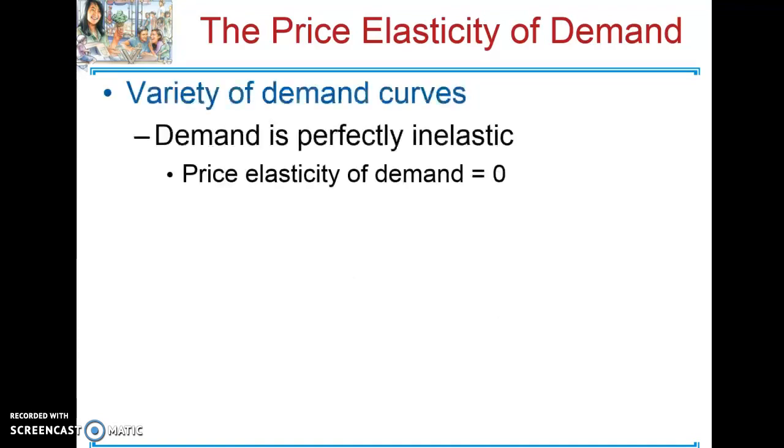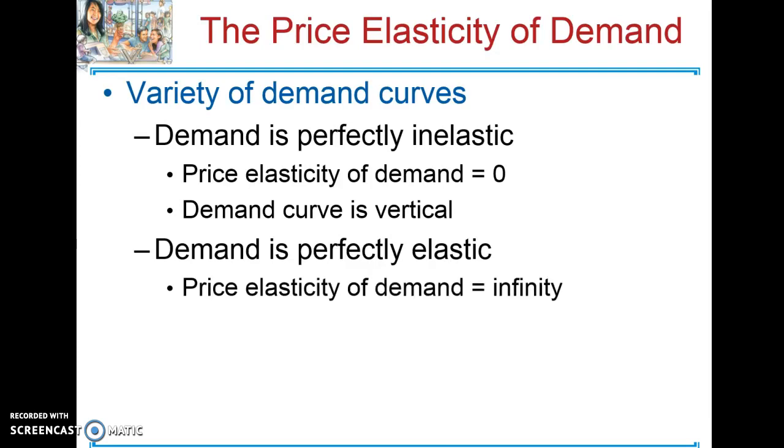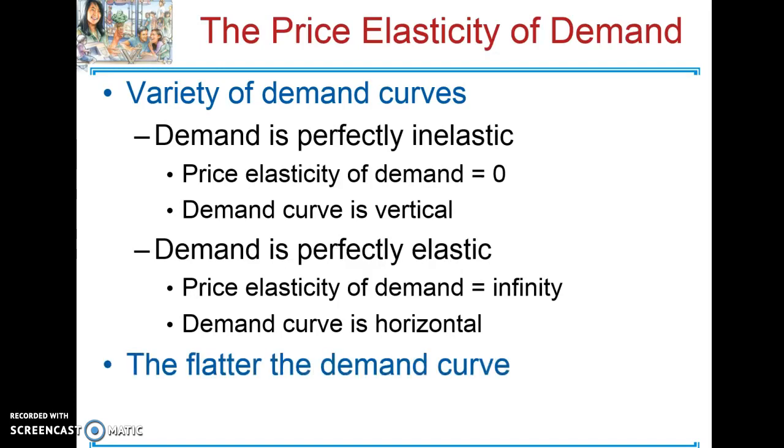So, is demand perfectly inelastic? If it is, it would equal 0 and the demand curve would be vertical. If the demand is perfectly elastic, the price elasticity of demand would be infinite and the demand curve is horizontal.